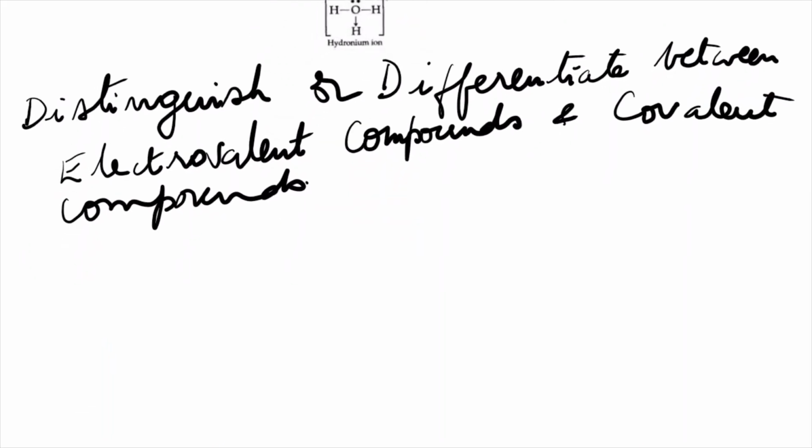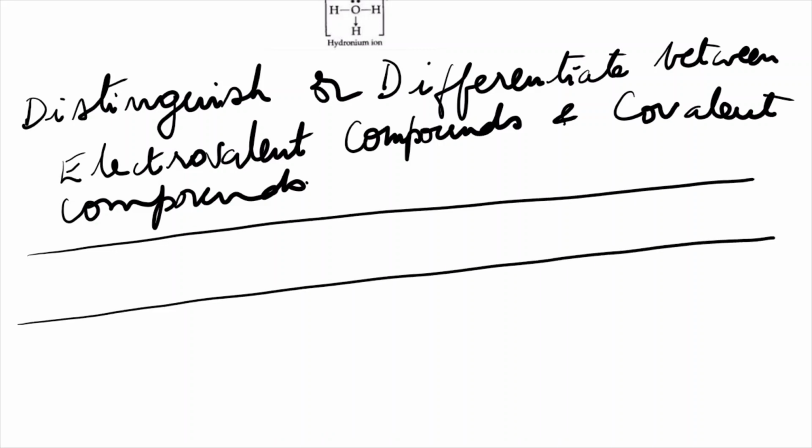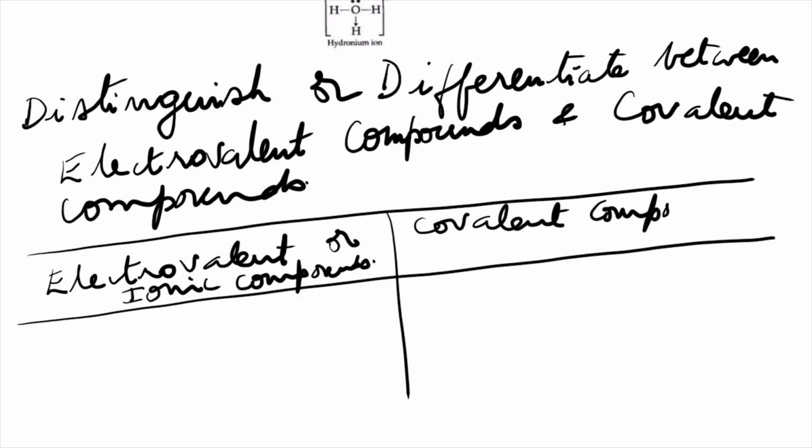So now electrovalent or ionic compounds, and these are covalent compounds.